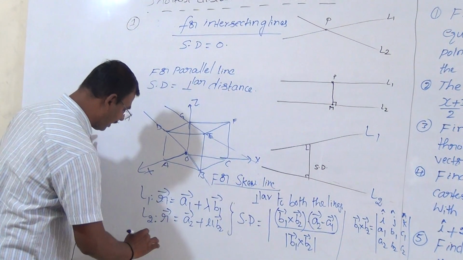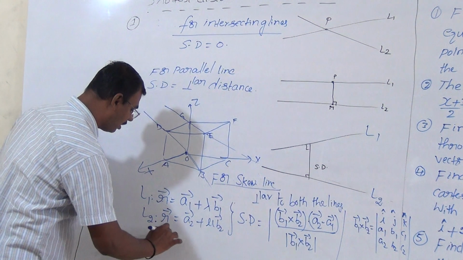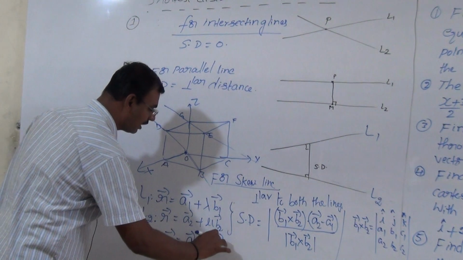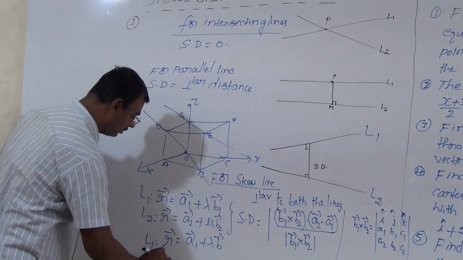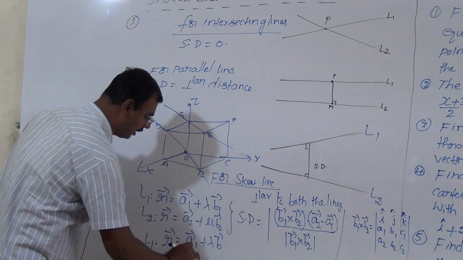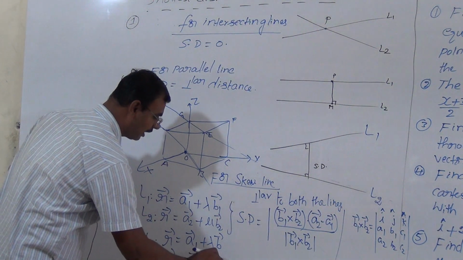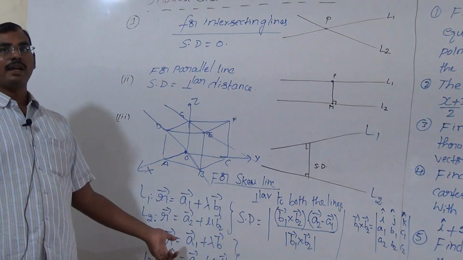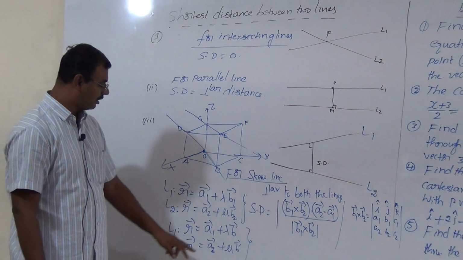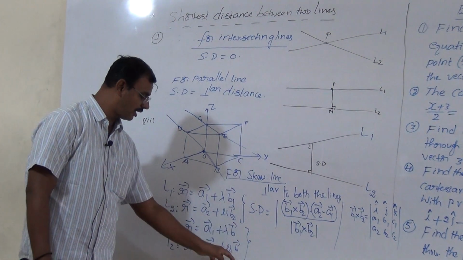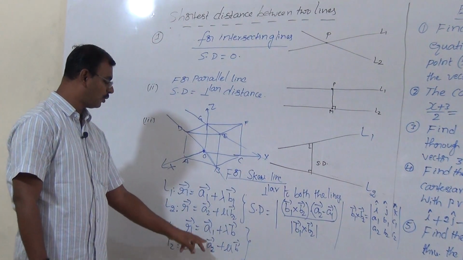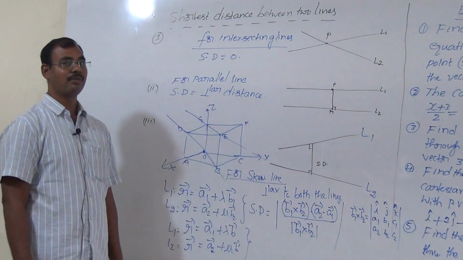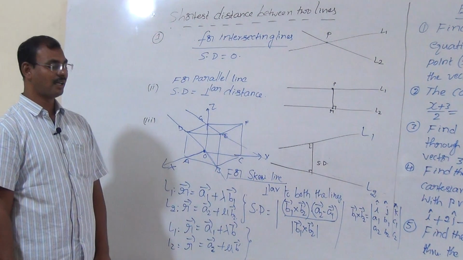Next, suppose two lines are parallel. L1: R bar is equal to A1 bar plus lambda times B bar. L2: R bar is equal to A2 bar plus mu times B bar. We are observing these two lines are parallel. Why? Because the B vector is the same. A1 and A2 are the points, and the parallel vectors are the same, DRs of the first line equal to DRs of the second line.